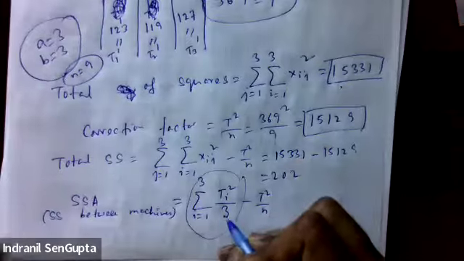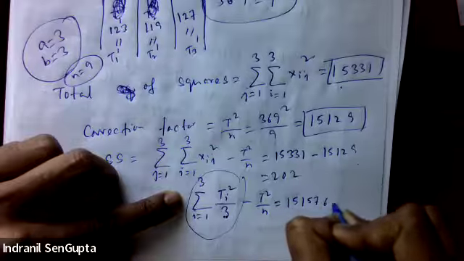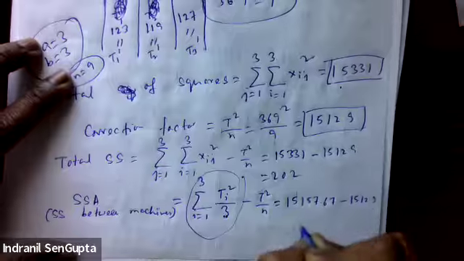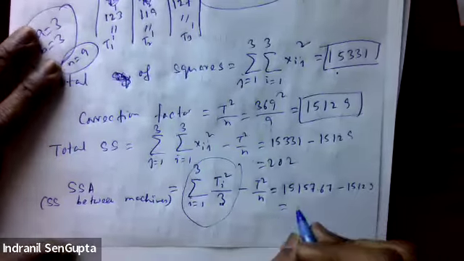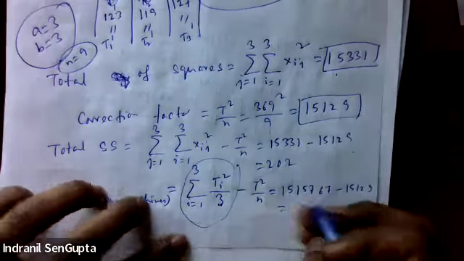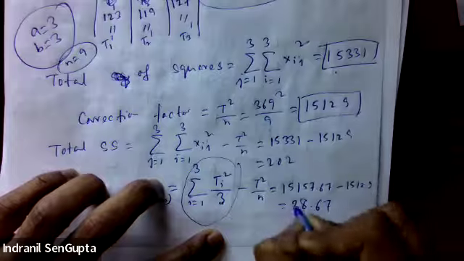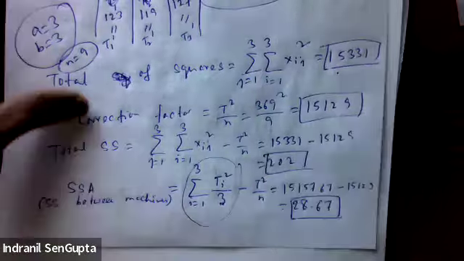So this quantity is really 15157.67 minus, we have already computed this, 15129. Once again, it's a big number. If I compute this, it's 28.67. So that is SSA.